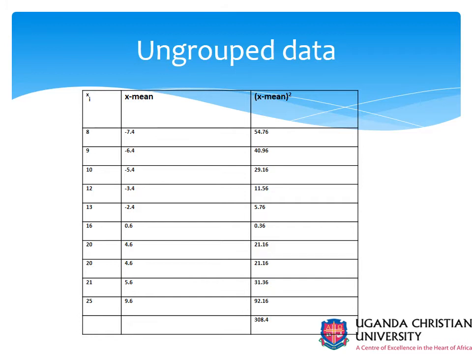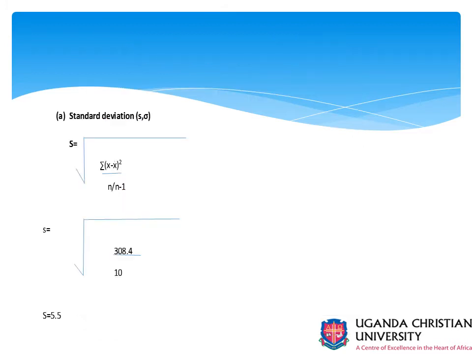So how do we get the standard deviation of ungrouped data? When you look at the formula before you, we have S. I am using S because the observations we collected were sample based.